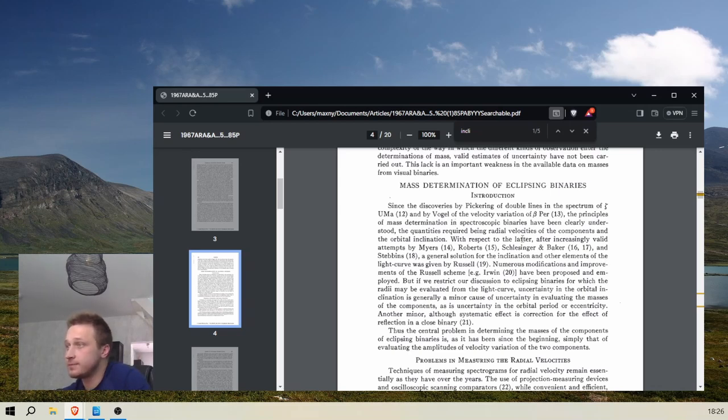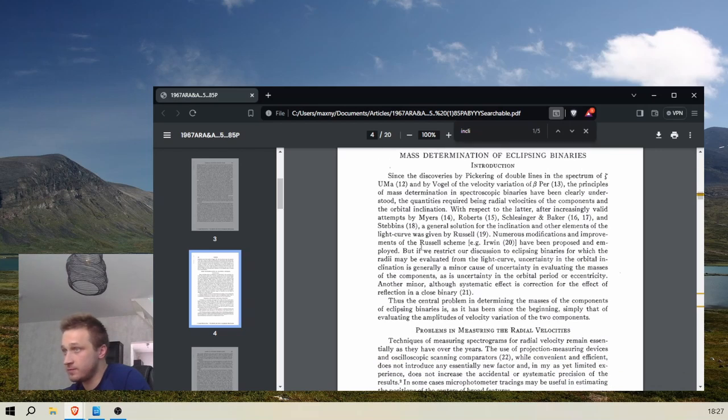With respect to the latter, after increasingly valid attempts by Myers, Roberts, Schlesinger, and Baker, and Stebbins, a general solution for the inclination and other elements of the light curve was given by Russell. Numerous modifications and improvements of the Russell scheme have been proposed and employed.